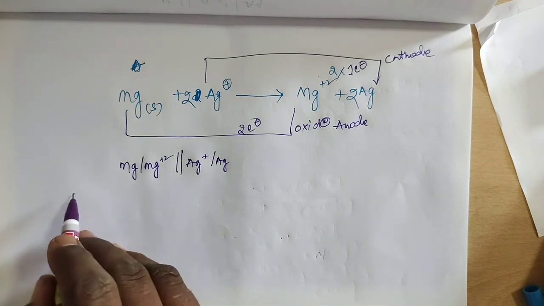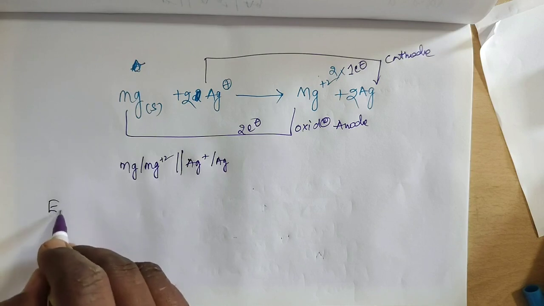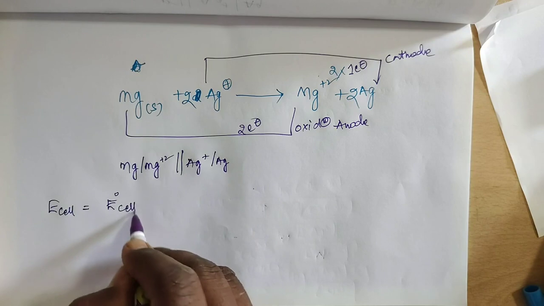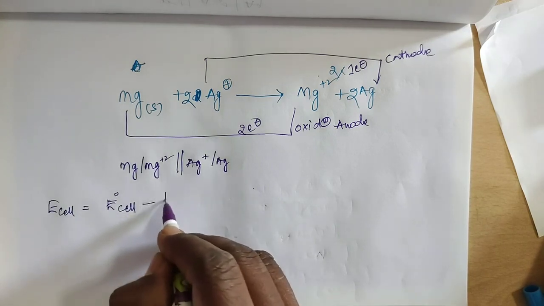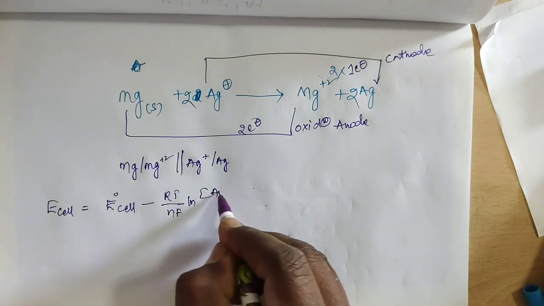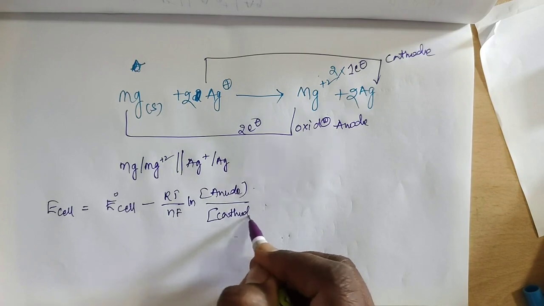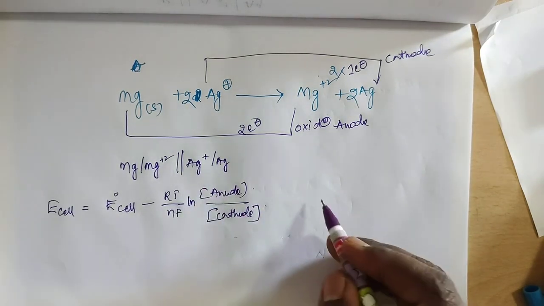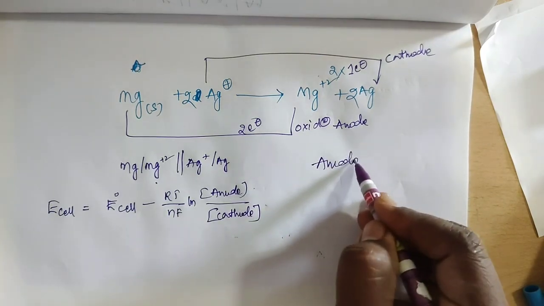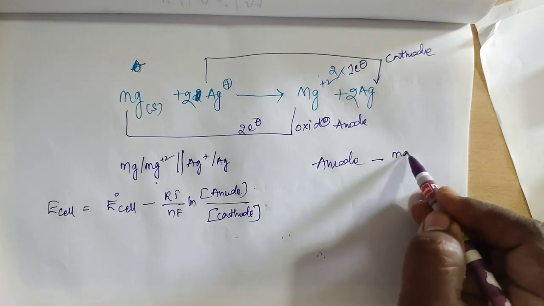And write the next equation for this one. E cell equal to E naught cell minus RT by nF ln of anode ion concentration by cathode ion concentration. Okay, which one is anode, which one is cathode? What is the anode ion? Mg plus 2.